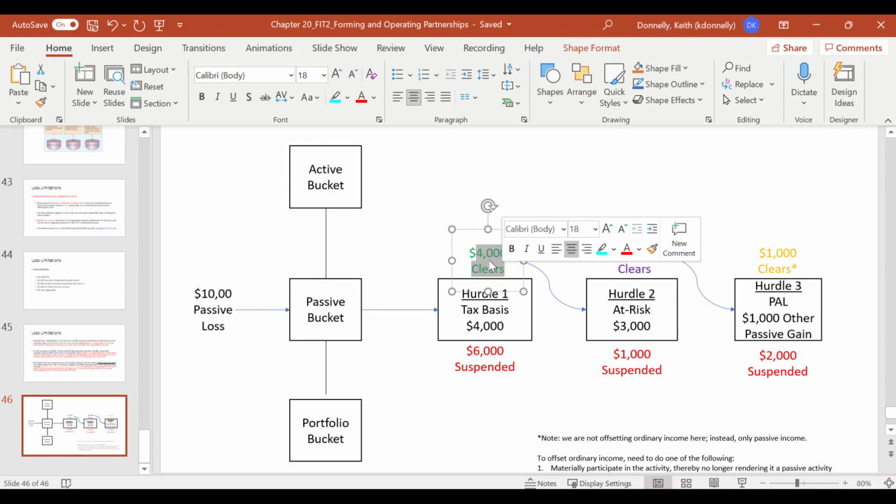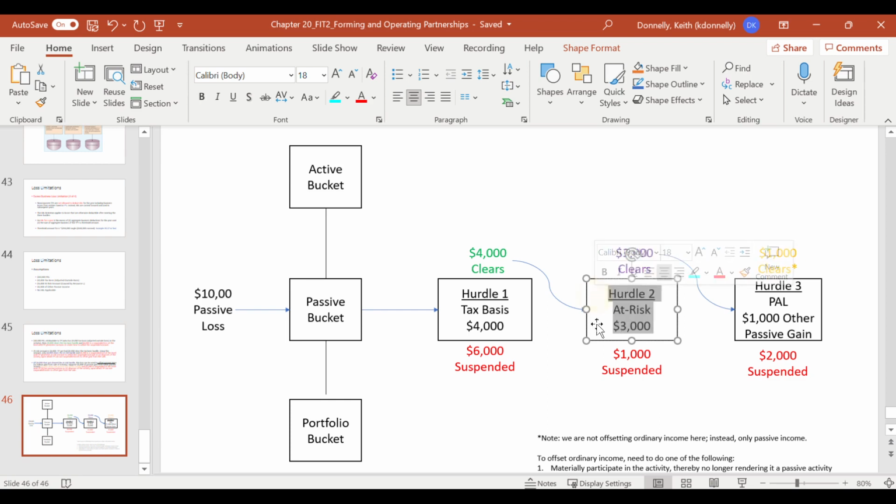Okay? Then the 4,000 trickles down over here. We look to our at-risk amount, right? We have 3,000 here as our at-risk amount. Well, you can only go up to your at-risk amount. So of the 4,000 that cleared originally, only 3,000 is going to clear the at-risk amount, meaning $1,000 is suspended at this level. If 3,000 clears, then we got to carry it over.